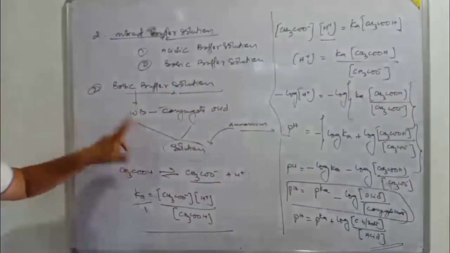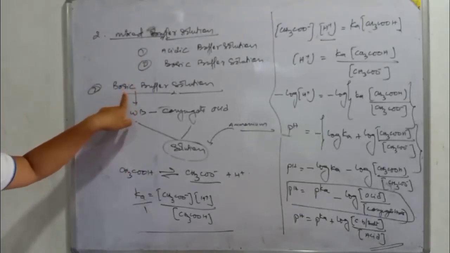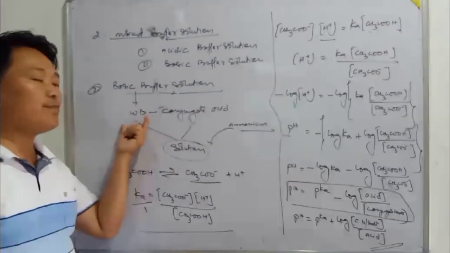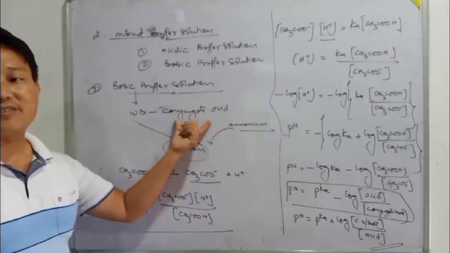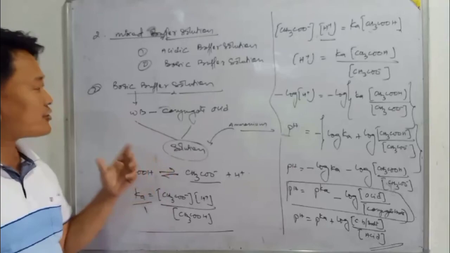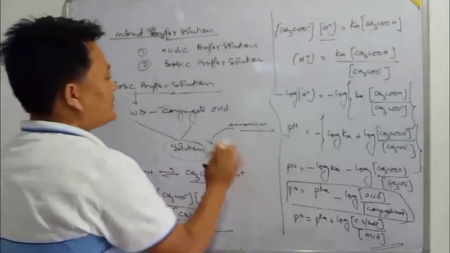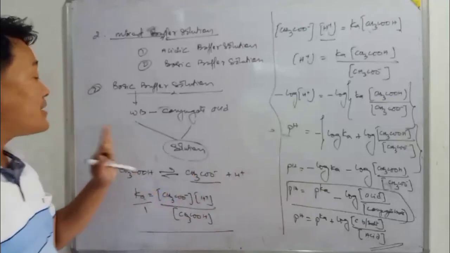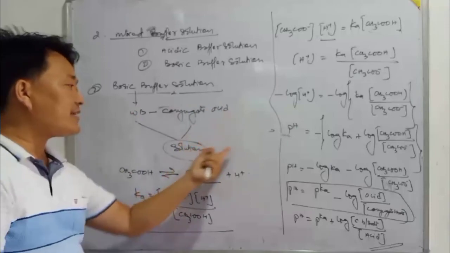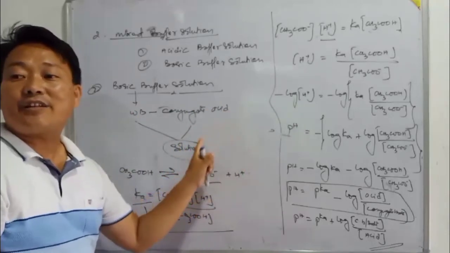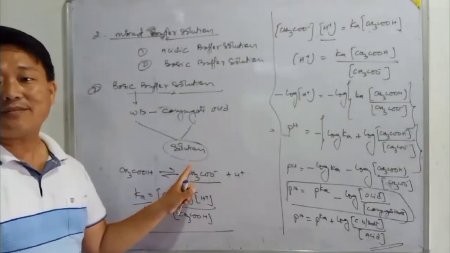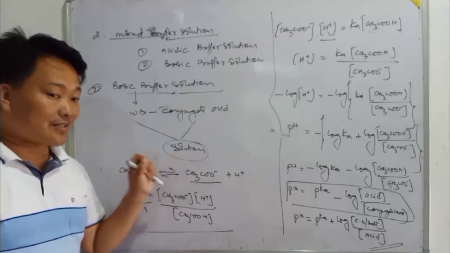Number two, what was there? Basic buffer solution. A basic buffer solution is a mixture of a weak base and its conjugate acid, and the conjugate acid will be strong. Since it is a weak base, in this solution of weak base and conjugate acid, if a small amount of acidic solution is added, it will resist the change.